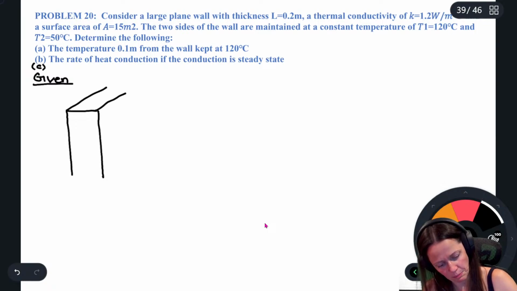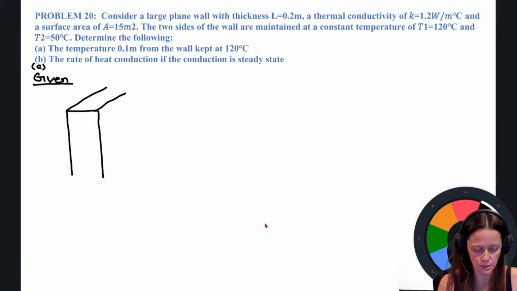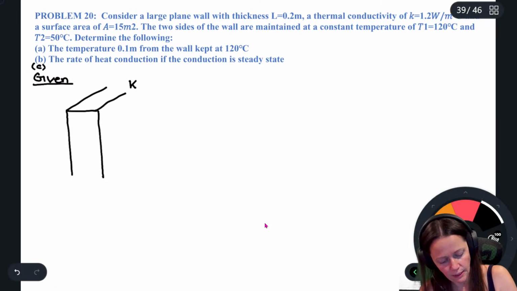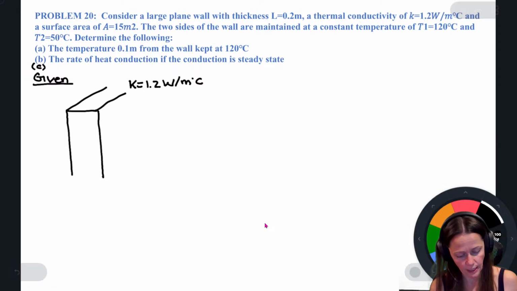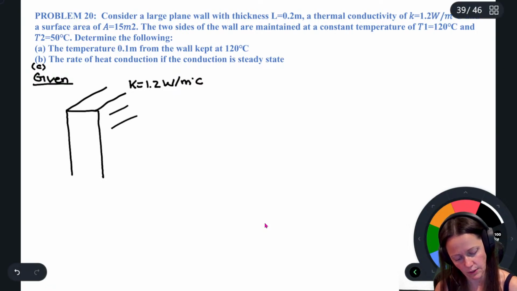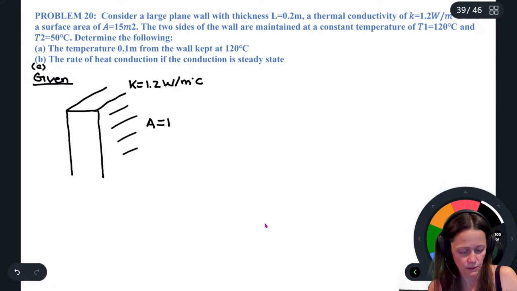There's my plane wall. We have a thickness of 0.2 meters. It's got a thermal conductivity of 1.2 watts per meter degree Celsius, and a surface area, being this guy right there, of 15 meters squared.